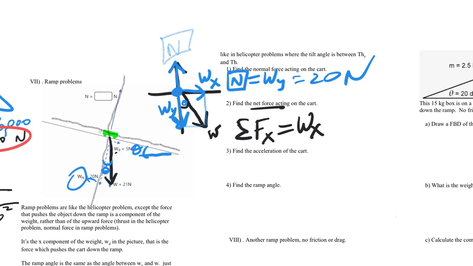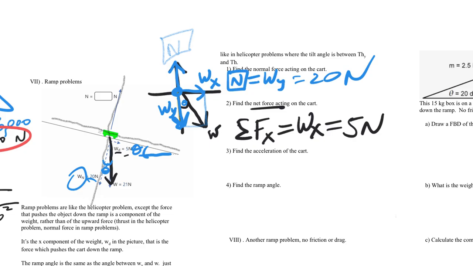They call that wd, which means the part of the weight that's pushing the cart downward. So the D stands for downward. I don't like that. I don't have to calculate that. That's 5 newtons from the picture right there.